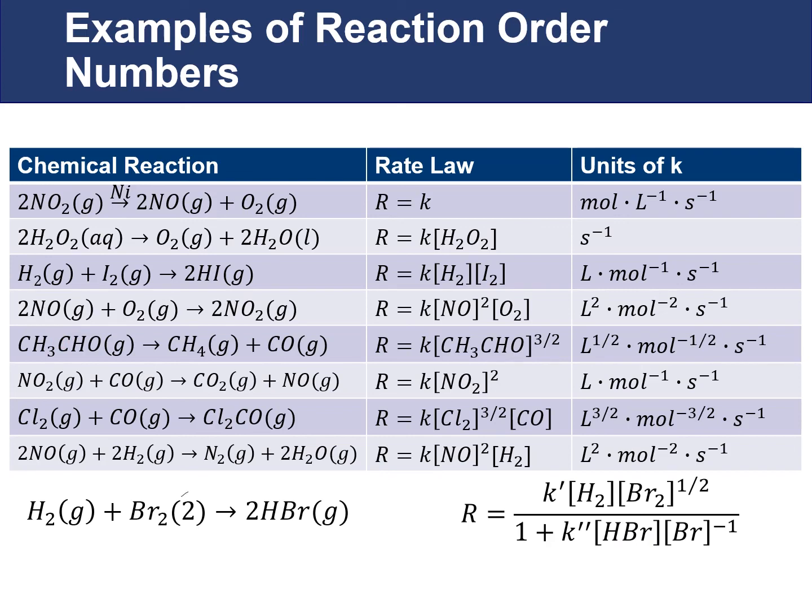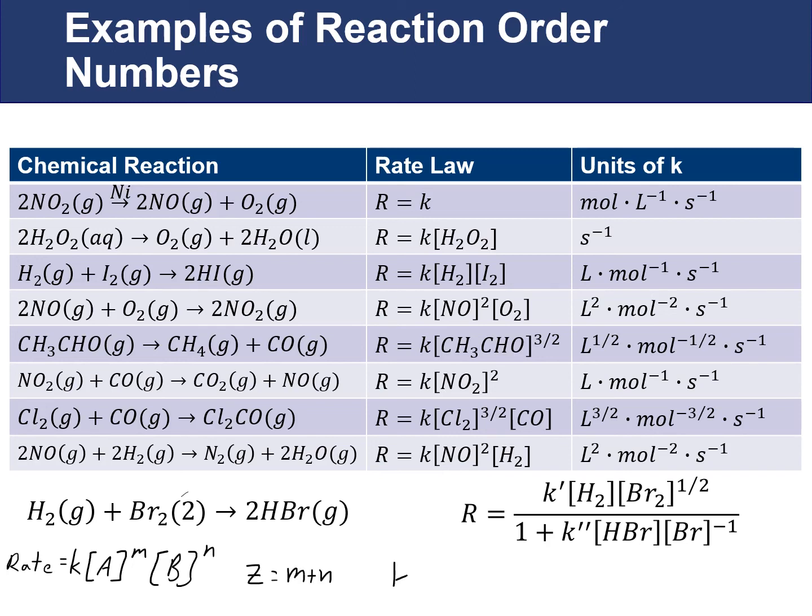Okay, so we can actually come up with a way of expressing the units on K. So let's say we have our rate law, which is rate is equal to K times A to the M and B to the N. The units on K are going to be based on the overall order. So if the overall order, let's say that is Z, we're going to make that equal to M plus N. That's the overall order.